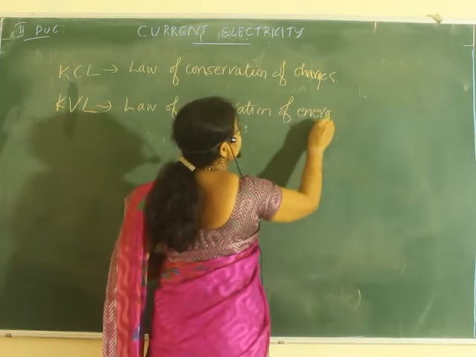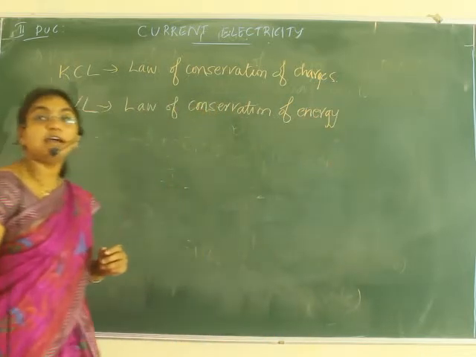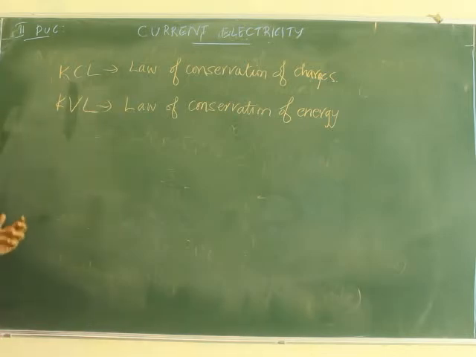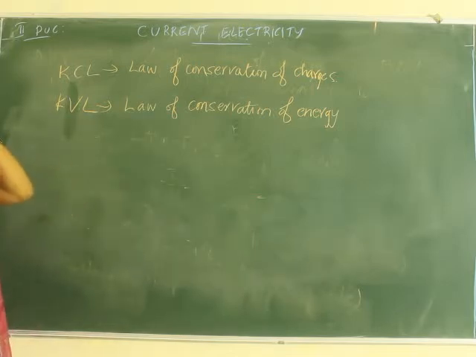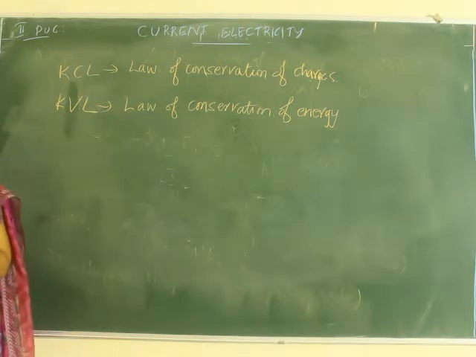Understood? So what it signifies is very, very important. First law signifies law of conservation of charges, and second law signifies law of conservation of energy. Understood? We will write one simple problem to understand this KVL and KCL. Okay?